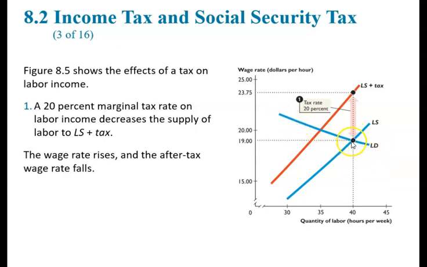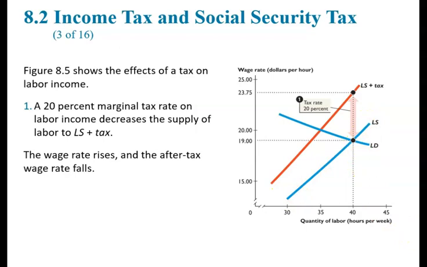Without any tax, the wage rate in the market is $19 per hour, while the equilibrium quantity is 40 hours per week. Now let's suppose that the government imposes a 20% marginal tax rate on labor income, which would shift the labor supply curve up by a margin of 20% from the initial labor supply curve.